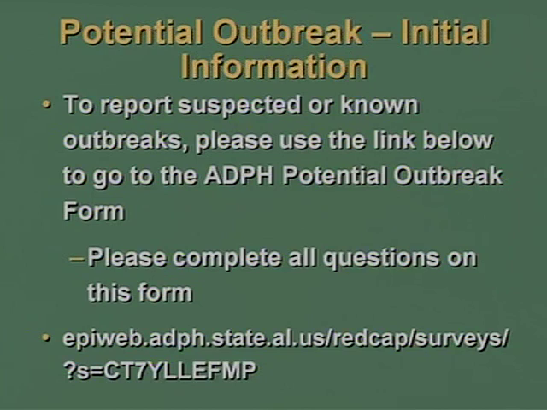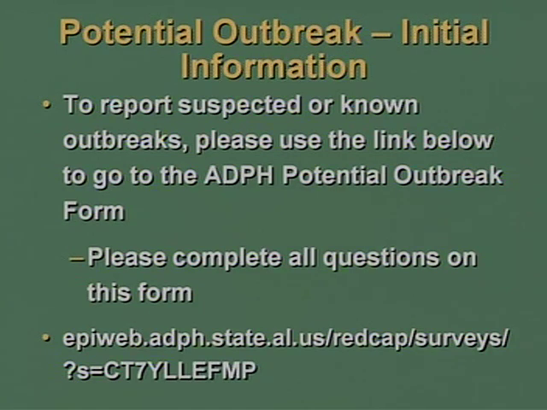An outbreak would be considered 2 or more in a classroom with COVID-like symptoms, okay? Or if you get a report that 2 of the students have tested positive for COVID, you would want to fill out the potential outbreak initial form.